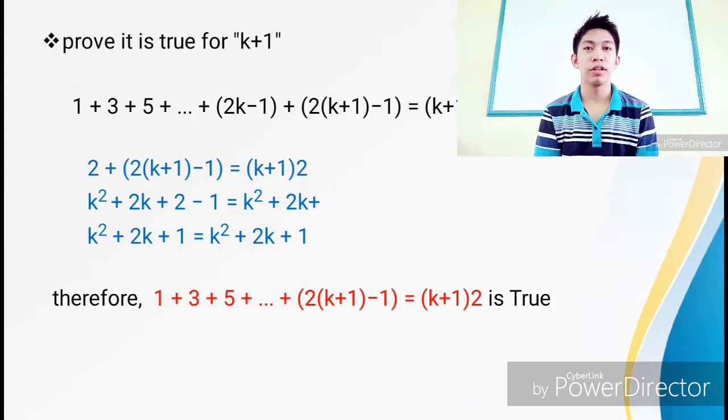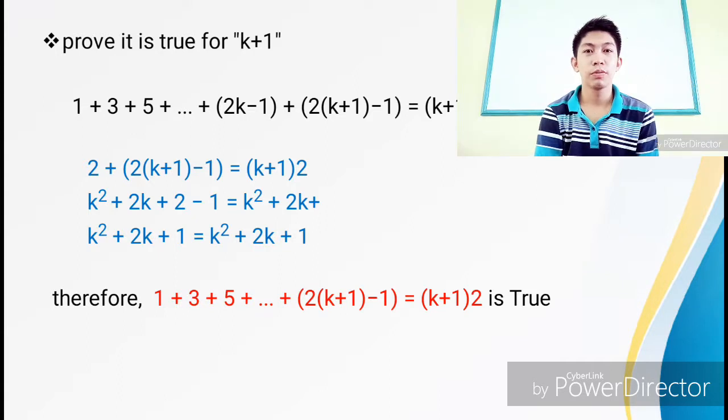Substituting k plus 1 to n, we will have a new equation: 1 plus 3 plus 5 up to 2k minus 1 plus 2 times (k plus 1) minus 1 equals (k plus 1) squared. To prove, we have to show that 2 times (k plus 1) minus 1 equals (k plus 1) squared.